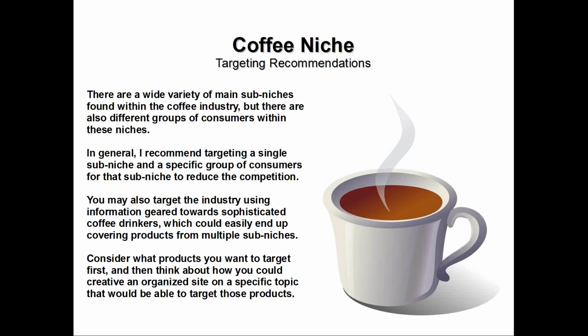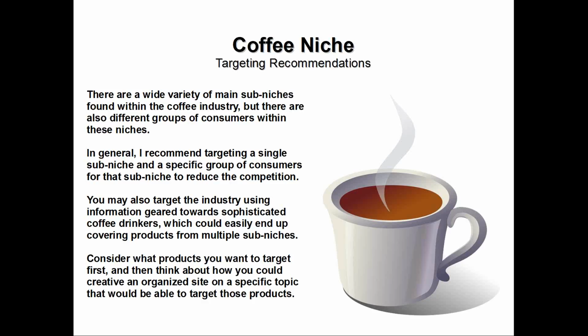You might be promoting the actual coffee beans being sold. You might be promoting special kinds of grinders, special kinds of brewers that would be used along with that type of coffee drinker.